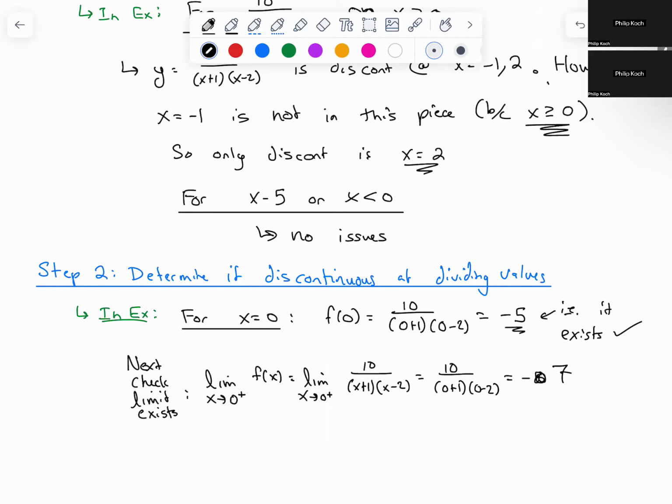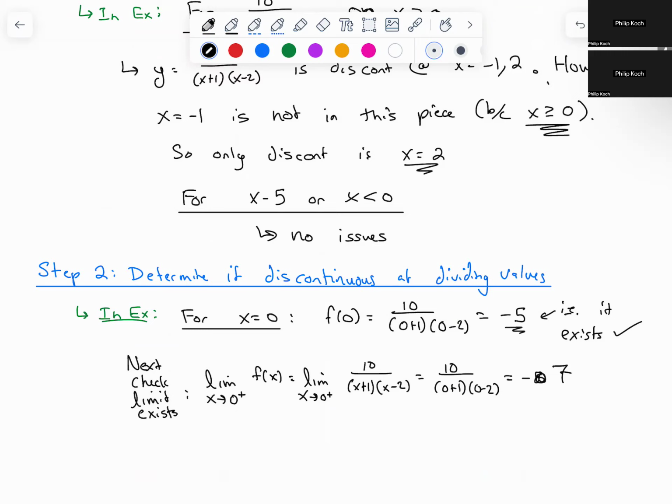Either you get the same number and the limit would exist, but it would be different than the first number, and therefore it would be discontinuous. Or you would get different numbers, in which case the limit didn't exist, and it would be discontinuous for the same reason. Let me say that one more time because I said that quickly. If this had equaled -7, which it doesn't, it equals -5, but let's just assume that it did, then we could stop here and say it's discontinuous.